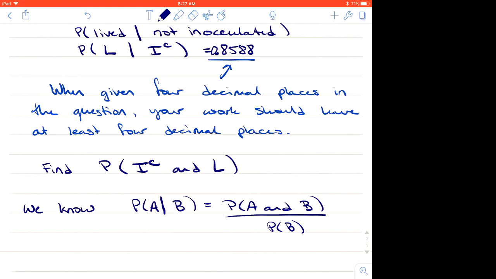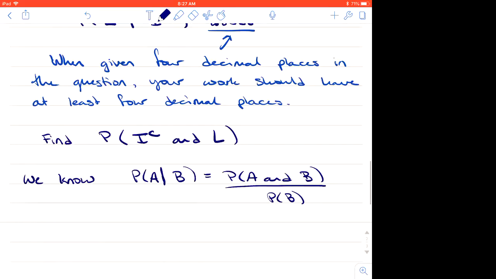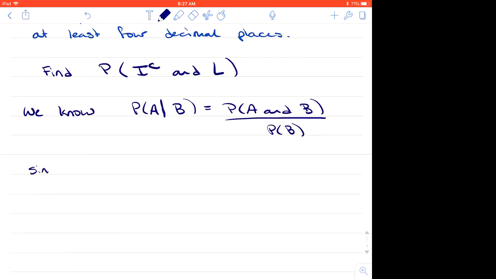Order doesn't matter, since the probability of not inoculated and living is the same as the probability of living and not inoculated. Order only matters with the given sign.